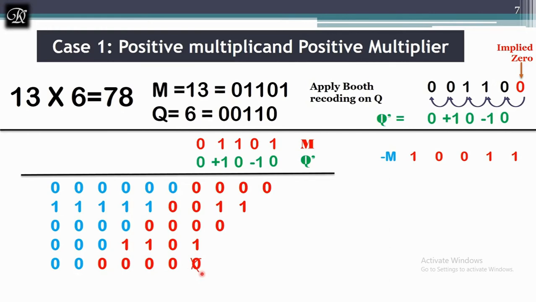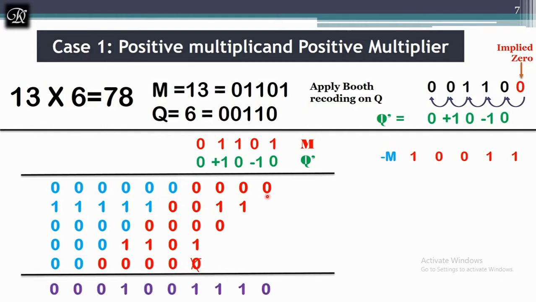As in our school day technique, I will add. Once I add, I get 0, and 0 and 1 is 1, 1 is 1, and here also 1 is there. So 1, and it is 0, and 1 and 1, it is 1, 0, 0 is written here, and carry will be 1. Carry 1 plus 1 is 2, plus 1 is 3, 3 means 1, 1, I have written 1 here, and carry will be 1 over here. 1 added with 1 is 1, 0, so 0 is written here, carry will be 1.